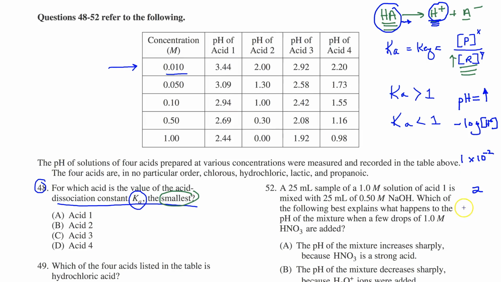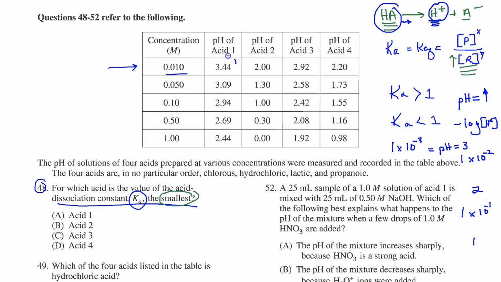If it gets even bigger, like 1 times 10 to the negative 1, the pH, the positive value of that exponent, would be what? It would be 1. So the pH gets smaller as the H plus ion increases. So if this barely goes forward, the amount of H plus is going to be really low, compared to these numbers, like 1 times 10 to the negative 3, and the pH will be higher.